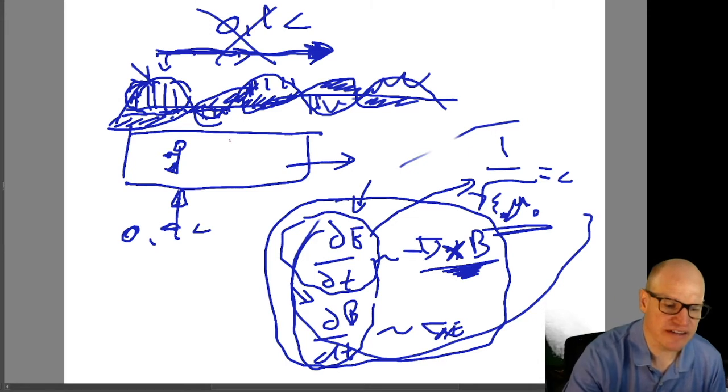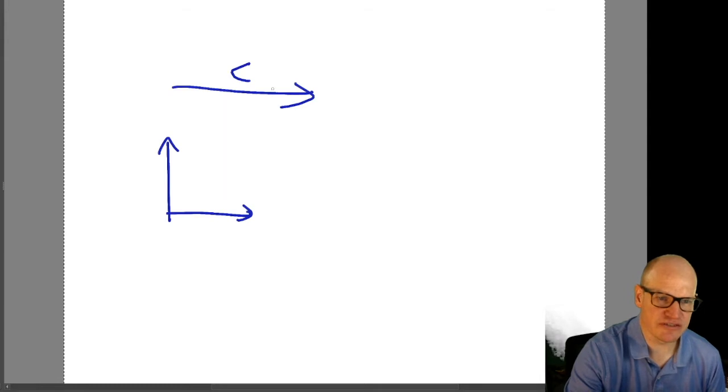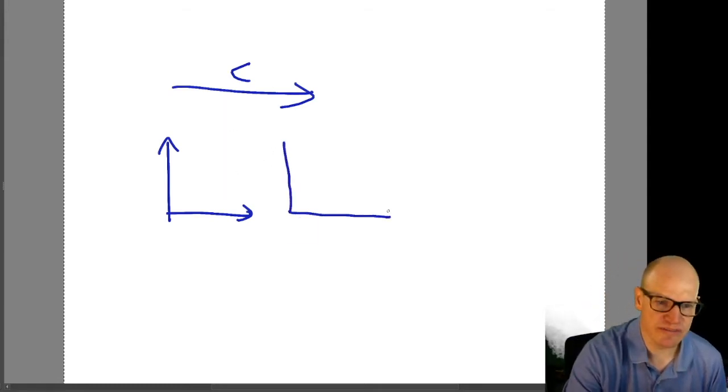And what this implies is that if you have a coordinate transformation, so say here's one coordinate system, and here's a photon going by at the speed of light. If I transform to another coordinate system, like this, and this one is moving like that, there has to be a way for me to transform from this coordinate system to this coordinate system.